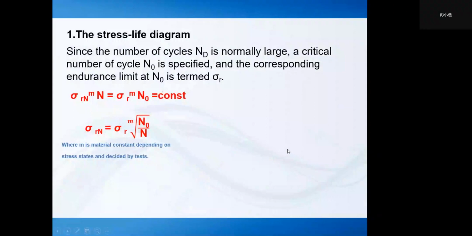Okay, and when R is -1, the stress is completely reversed stress. We have this: the m's power of sigma -1N times N is constant.